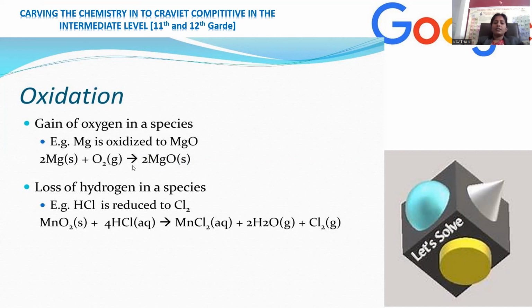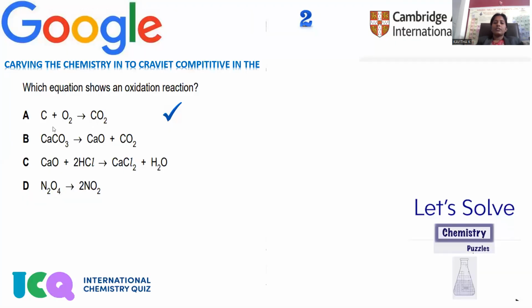So gaining oxygen is a kind of oxidation process. Whenever hydrogen is removed, here HCl, hydrochloric acid, converted into chlorine gas. Here also the process is called oxidation. So oxidation is the process where oxygen got added. So for question number 2, option A is the correct answer.